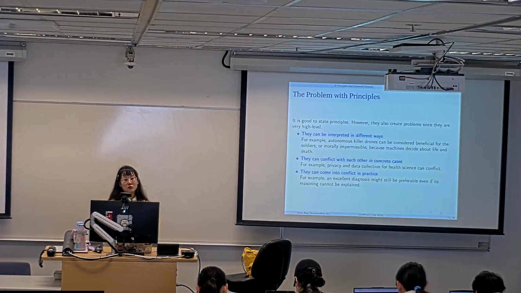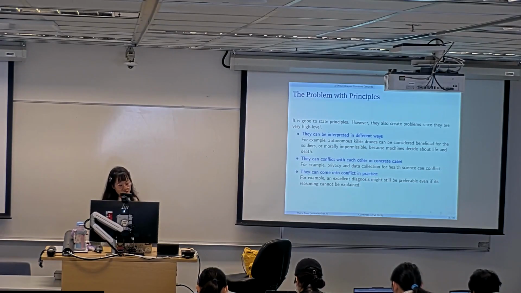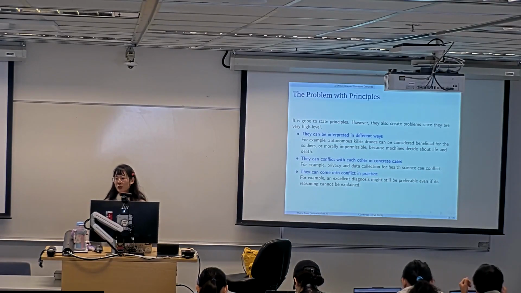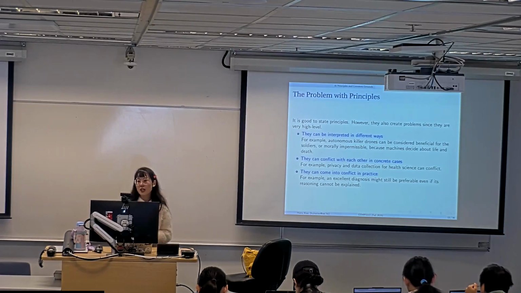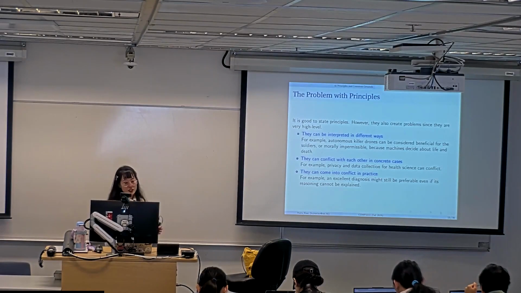But if we want to develop health science, if we need to make improvements in the health science field, then we have to do data collection, right? We have to collect all the users' data, their health records, so that we can maybe find new ways to cure these diseases. So these two principles conflict with each other in the healthcare field, and they can come into conflict in practice.